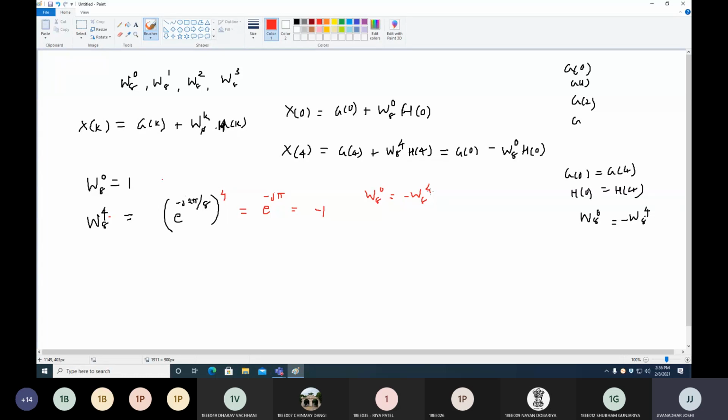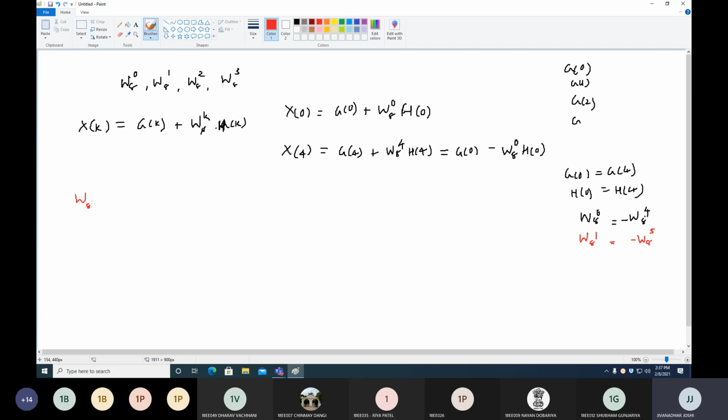Yes, sir. Okay. Now similarly, we can also prove that W8 raised to 1 is equal to minus W8 raised to 5. Is that okay? Let's prove it. Proving W8 raised to 0 is easy. Let's do this one properly.